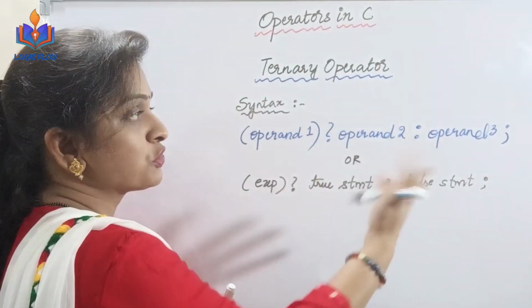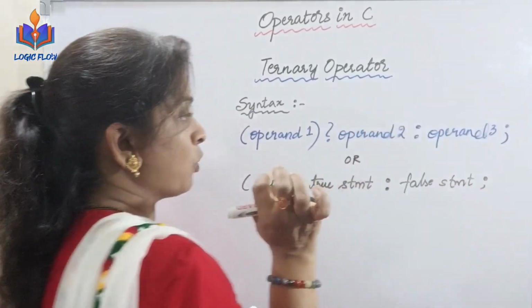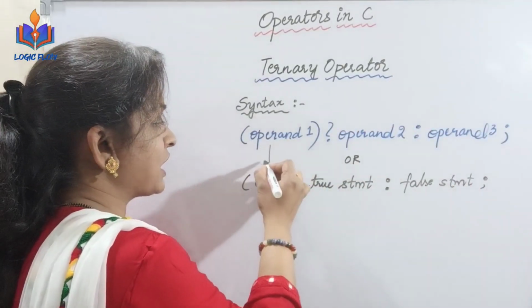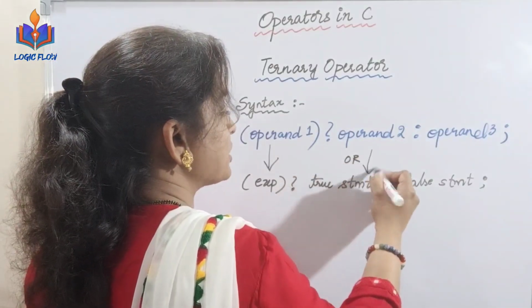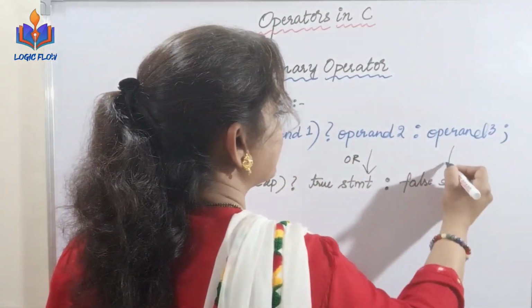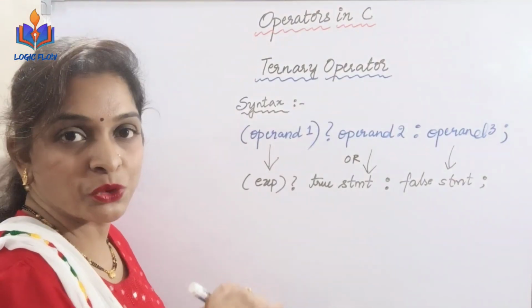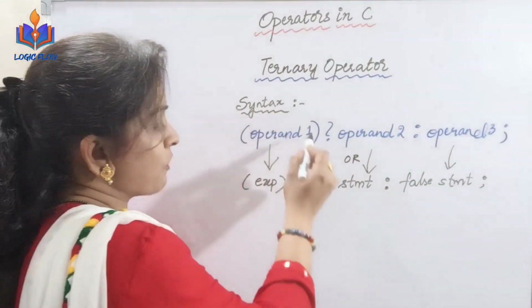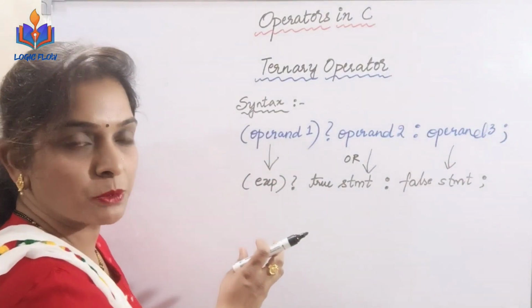We also use 3 operators here: question mark, colon and semicolon. Operand 1 is a conditional statement or conditional expression. Operand 2 is the true statement and operand 3 is the false statement. Let's see how it works.